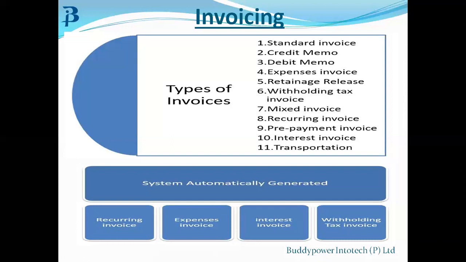All right, then comes the prepayment invoice. Now, this is a type of invoice where you enter to pay an advance payment for expenses to the supplier or your employee. After that, you can apply the prepayment to one or more invoices that you receive from the supplier to offset the amount paid to them in advance.